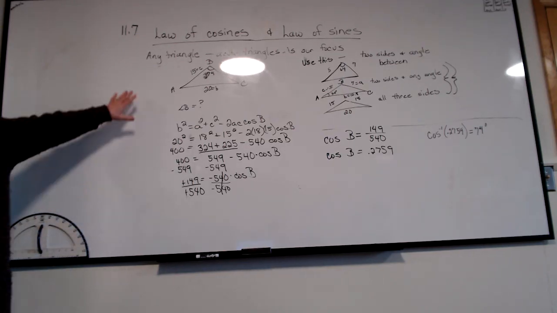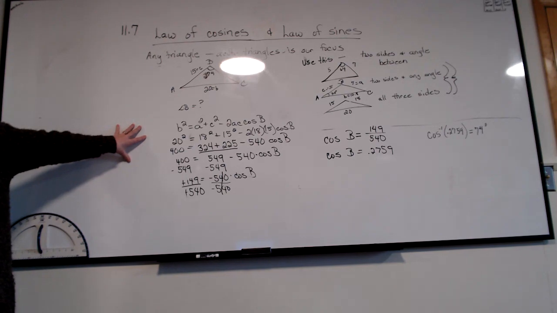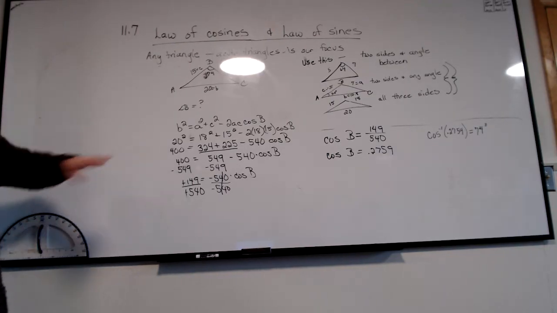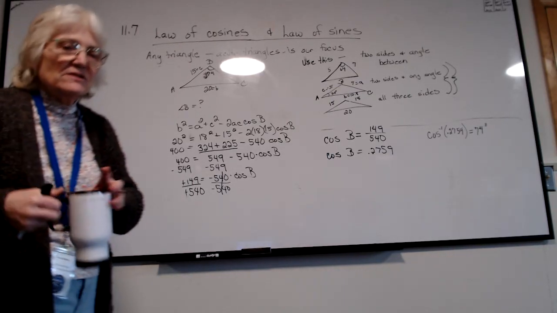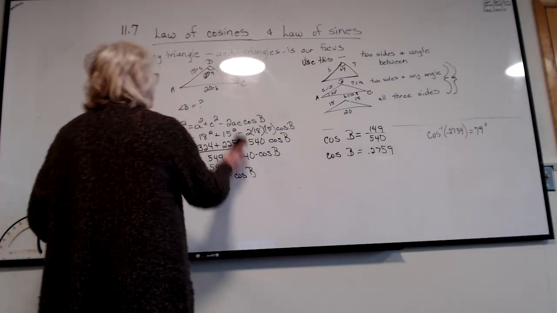Okay. So that is the only way you can do it if you have 3 sides. You will have problems like this on your assignment, where they give you 3 sides and you have to solve it this way. Okay. So now let's go back and we're going to start with the law of sines.